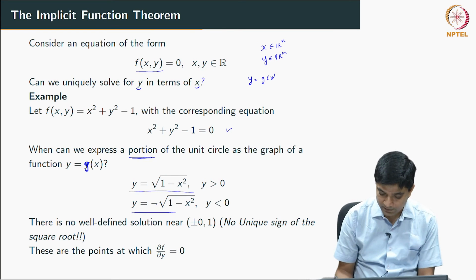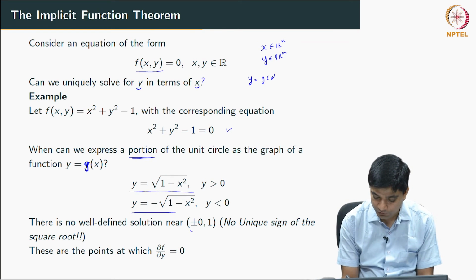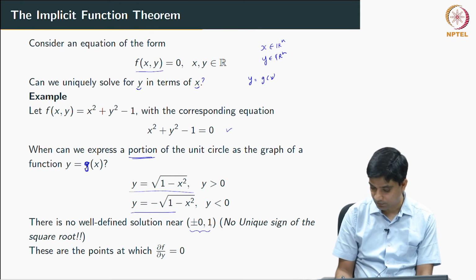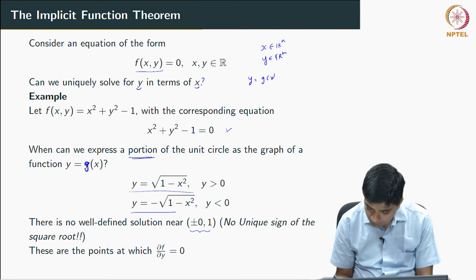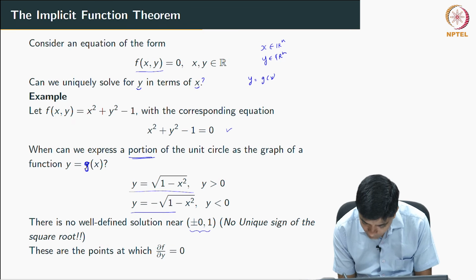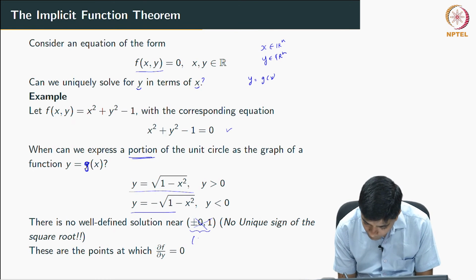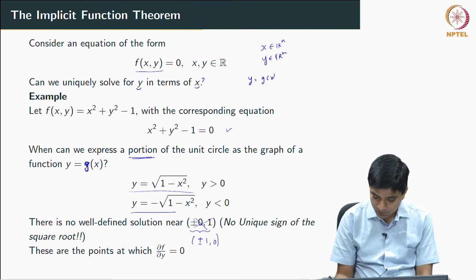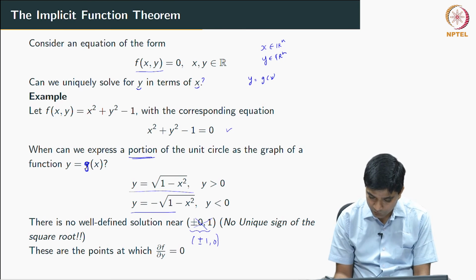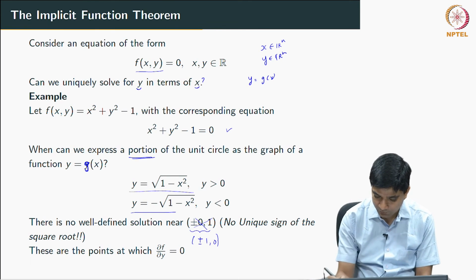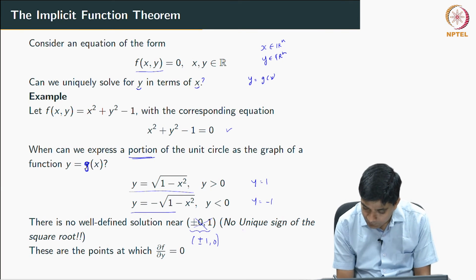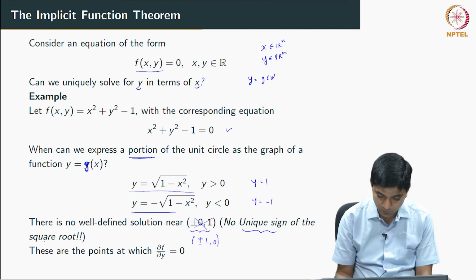Additionally, there is no well defined solution near the points plus minus 1 comma 0. When x equal to plus 1 or x equal to minus 1, there is no unique solution, because when x equal to plus 1, I will get a 1 here, and when x equal to minus 1, I will get a minus 1 here. So there is no unique sign of the square root.